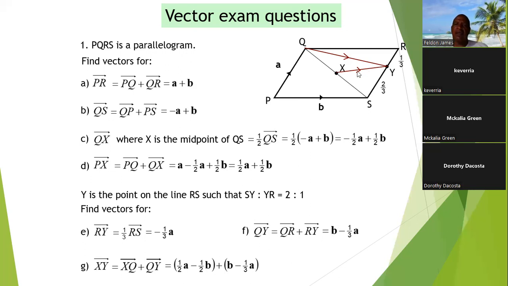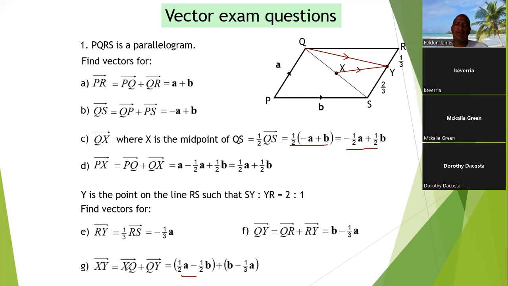X to Y would be going this way. This is the same as X to S, which is the same as this. So we would get this. Is that the correct one though?